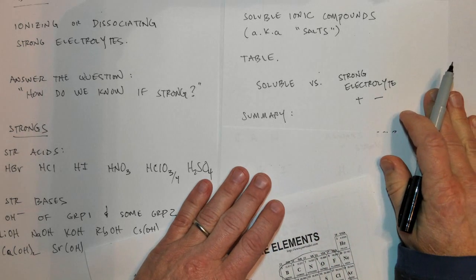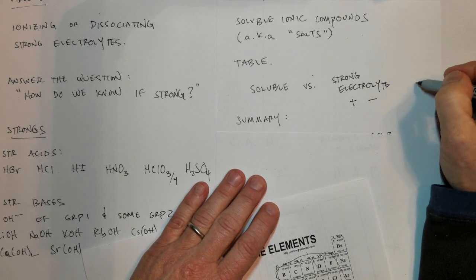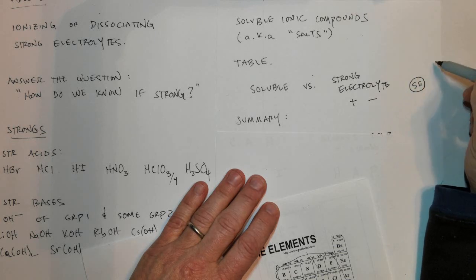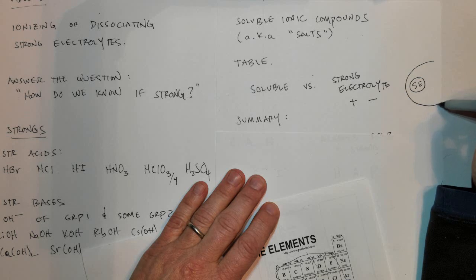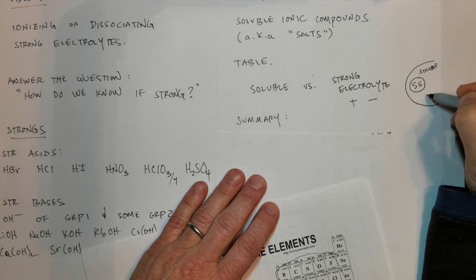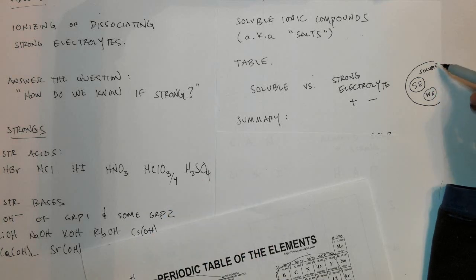And so you could think of it kind of like a little circle diagram where you'd say strong electrolytes are this group of species, but to be a strong electrolyte, you have to be soluble. Now, inside the soluble things would also be weak electrolytes, but those would be separate from one another. Both would be soluble inside of this bubble of solubility.